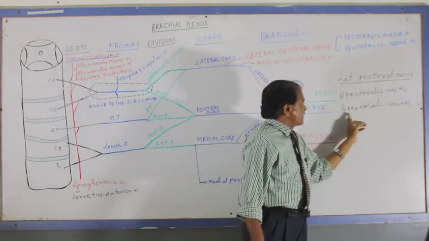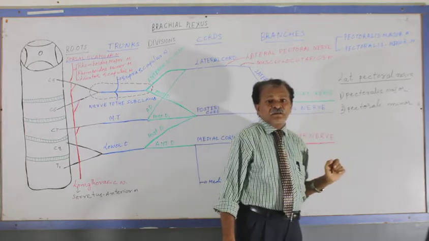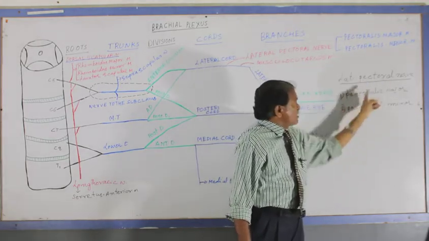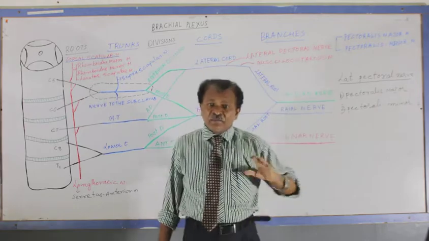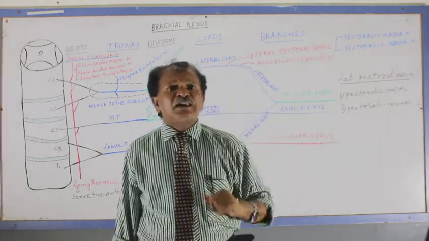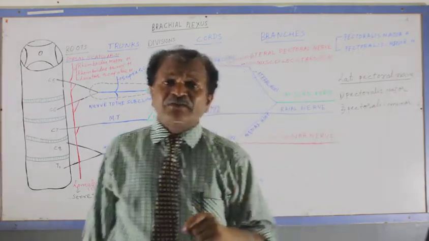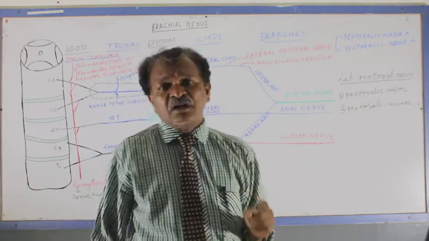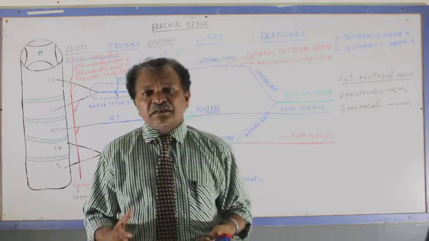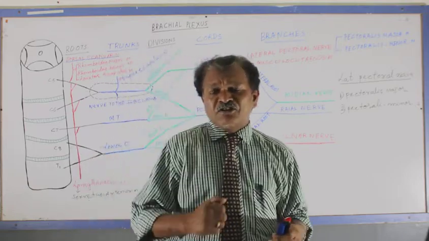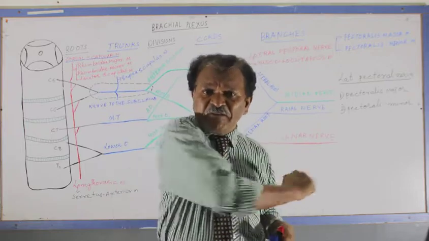And another, the pectoralis minor: the lateral pectoral nerve also supplies the pectoralis minor. The pectoralis minor, with the help of the serratus anterior muscle, in pushing movements draws the scapula forward.